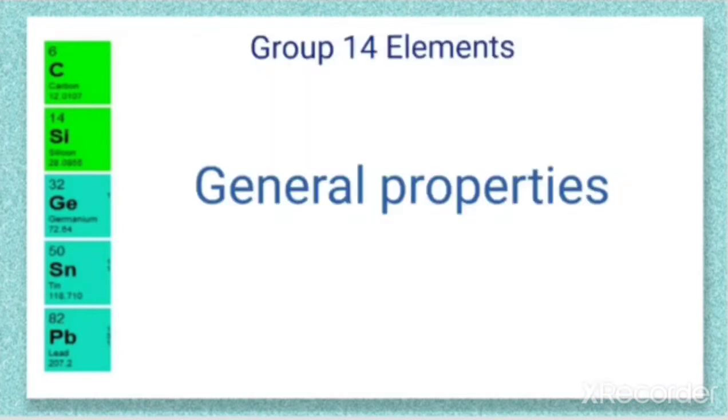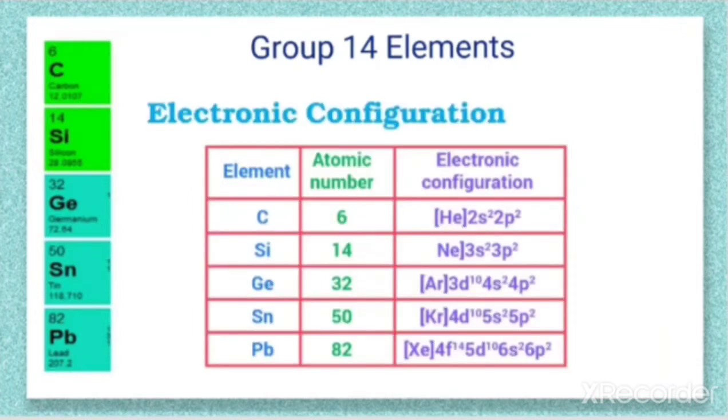Next, let us discuss the general properties of group 14 elements. First, the electronic configuration. When we write the electronic configuration for these elements, it is very clear that there is a similar pattern, that is the last electron is in the p orbital.